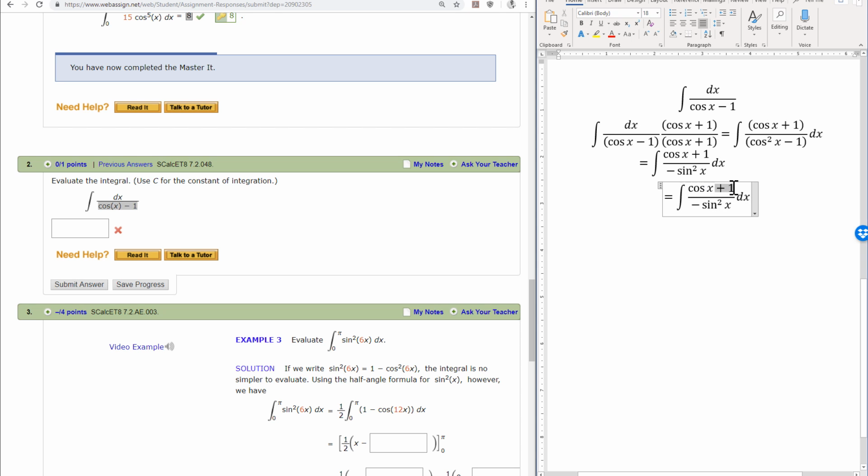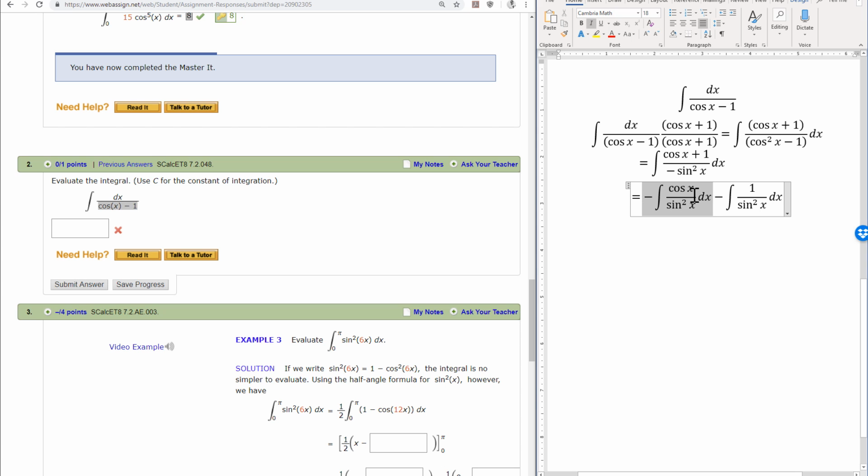First an integral with a cosine, and then an integral with a 1. We can also just take this negative sign out in front of each of these things. Oops, I have too many symbols here. And so here's what we have so far.